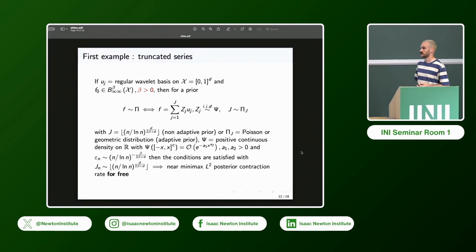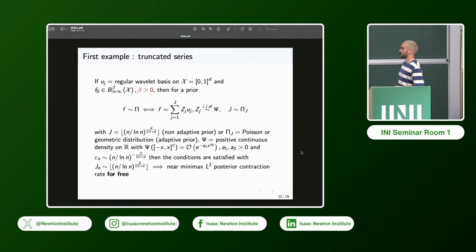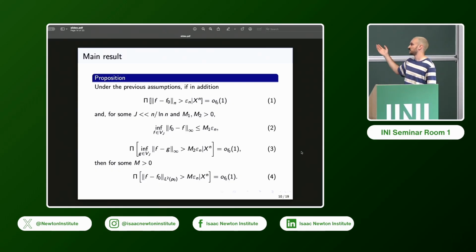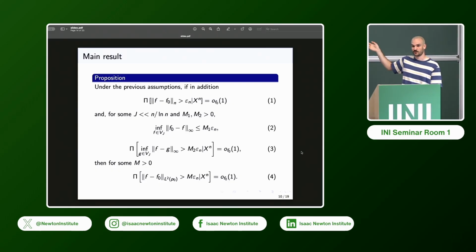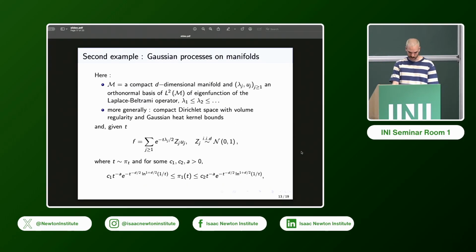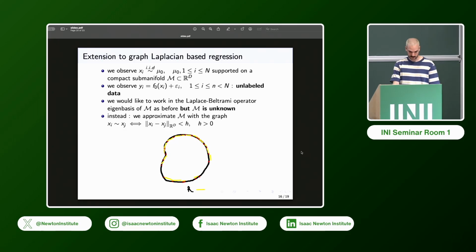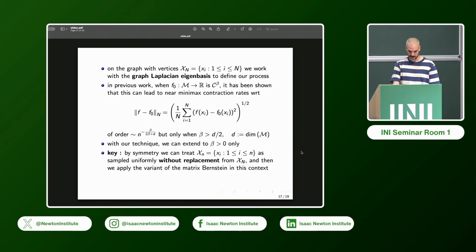Almost for free, because all the assumptions you need to verify for this theorem to hold, you typically already use in order to prove an empirical L2 norm contraction rate anyway. I have a bunch of examples I could go through, but it's going to be too long. But you're very welcome to ask some questions if you want.